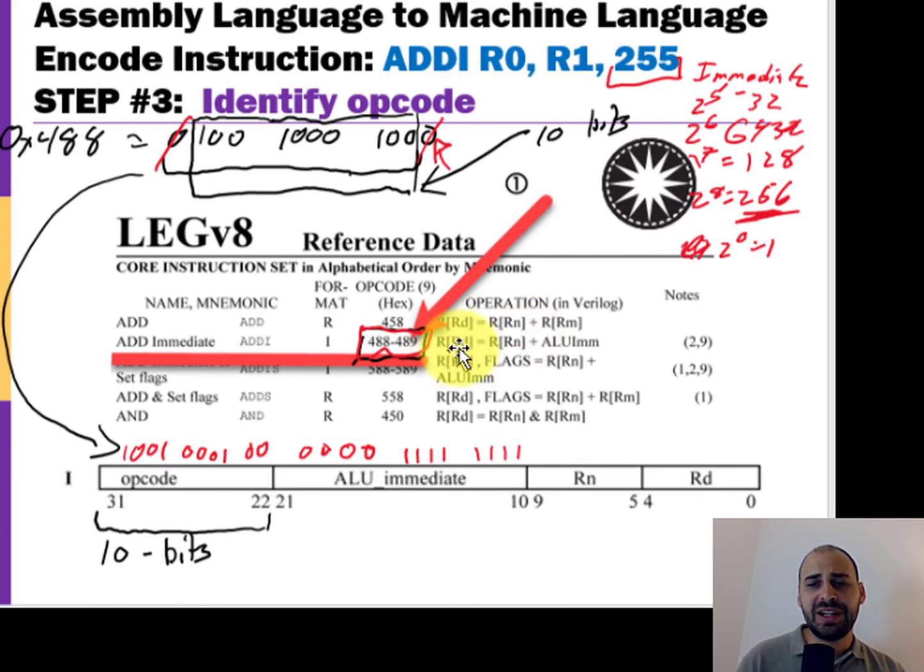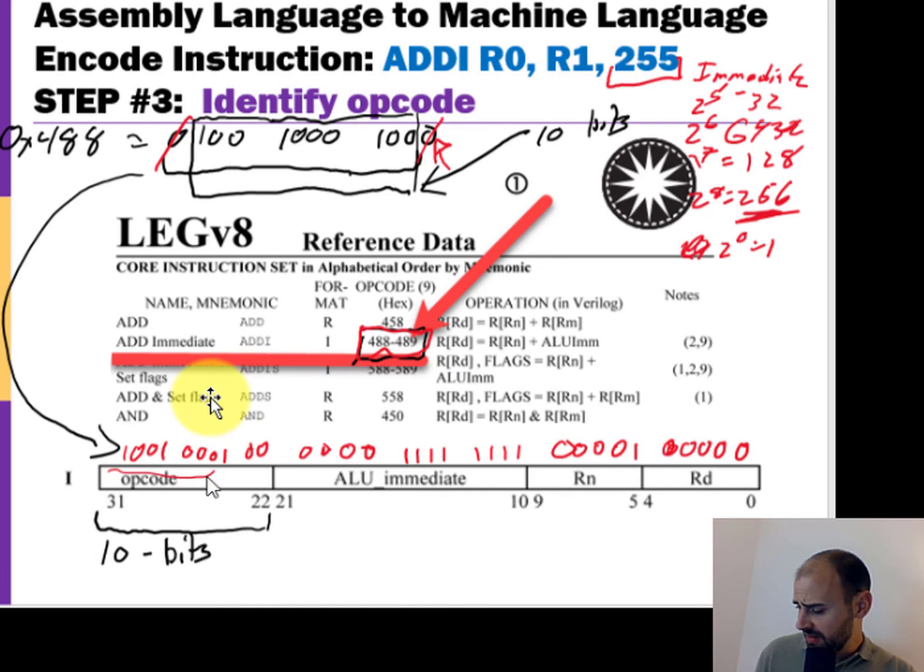The register being written to, RD, is R0. So I'm going to put 5 zeros here because the register address for that register is all zeros. And then obviously R1 is just 1.